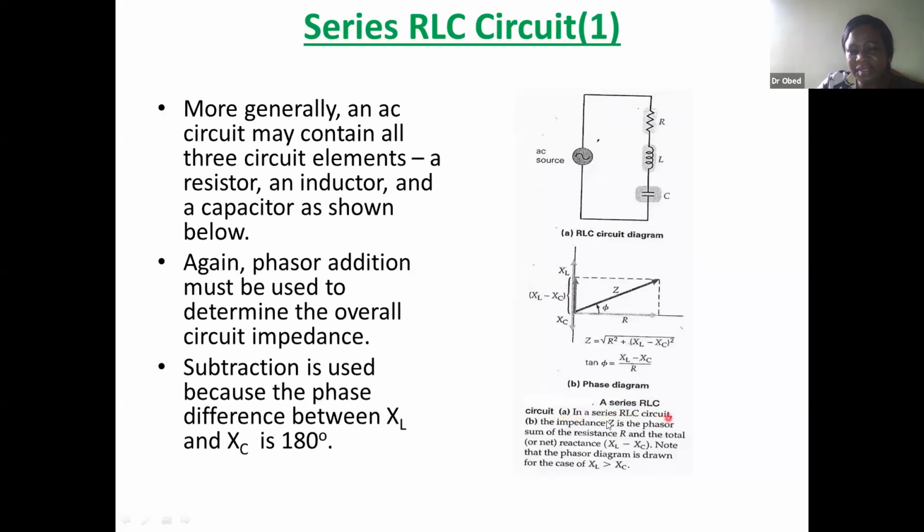In a series RLC circuit, the impedance Z is the phasor sum of the resistance R and the total or net reactance, XL minus XC. Note that the phasor diagram is drawn for the case of XL greater than XC.